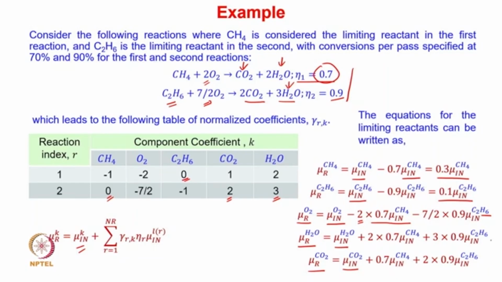You can see that in these three reactions, the consumption or production of O2, H2O and CO2 are represented in terms of the limiting reactants.